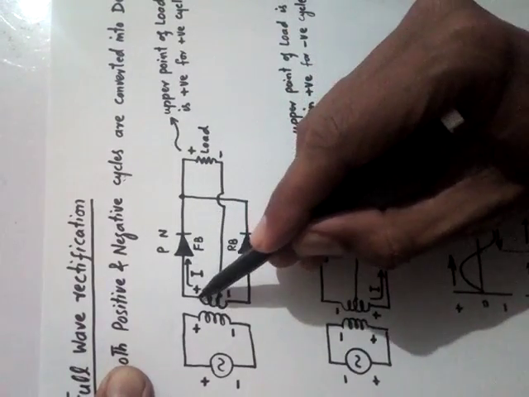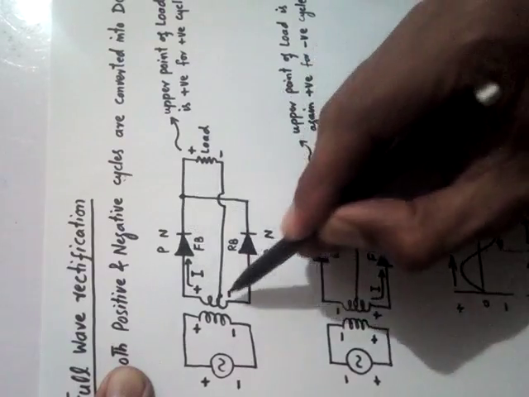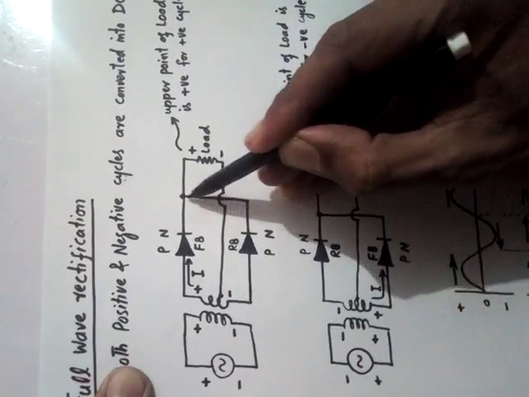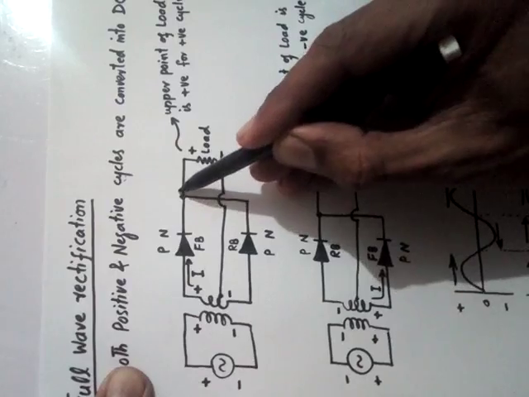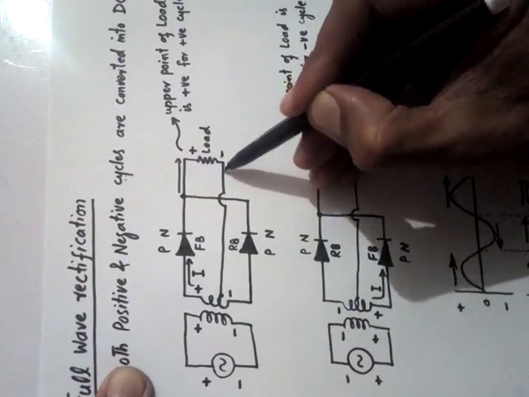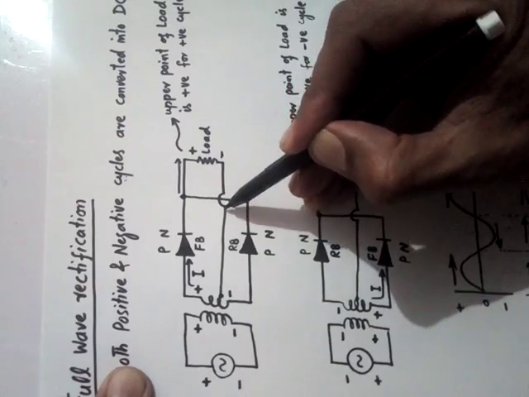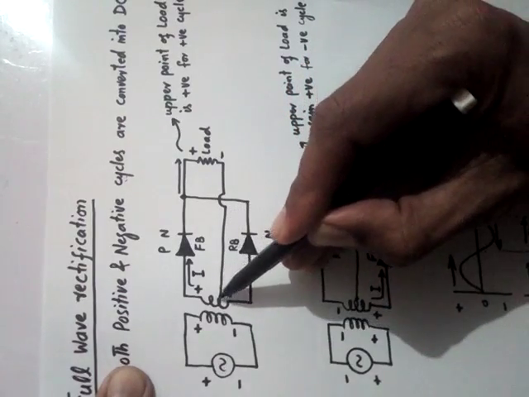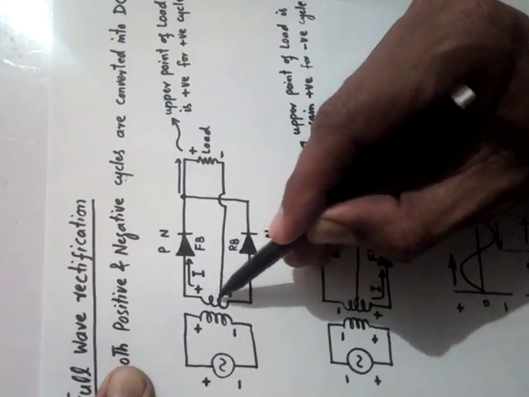When current passes through this side and through this side, both currents join here, pass through the load, and from the other side of the load the current goes this way back into the secondary coil.